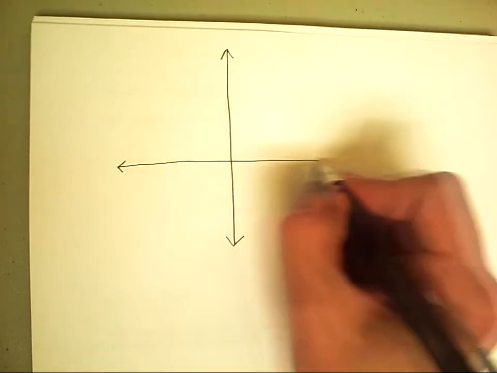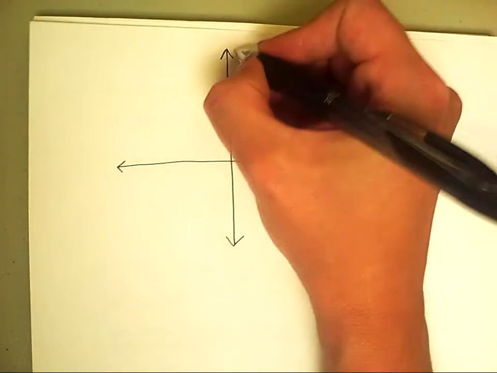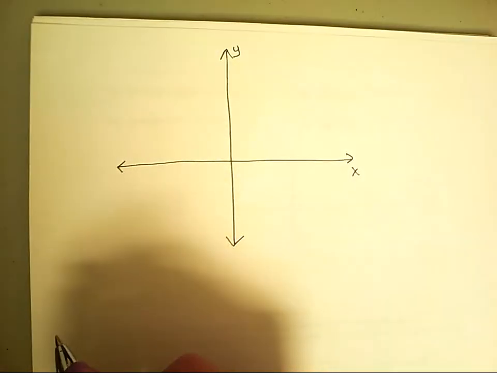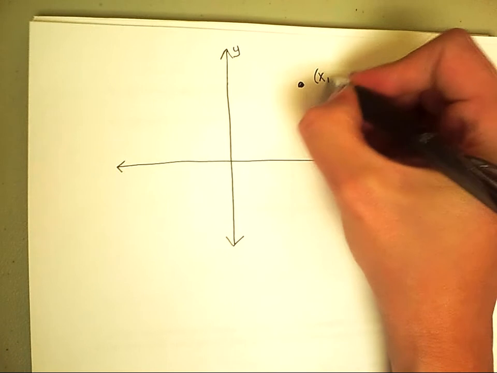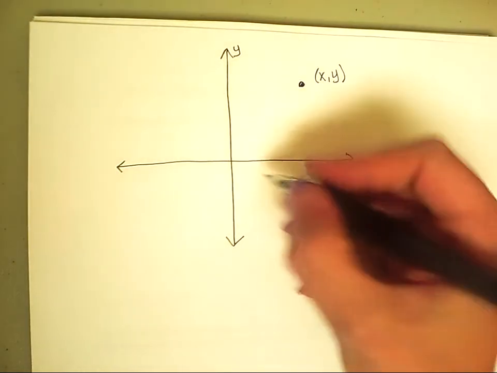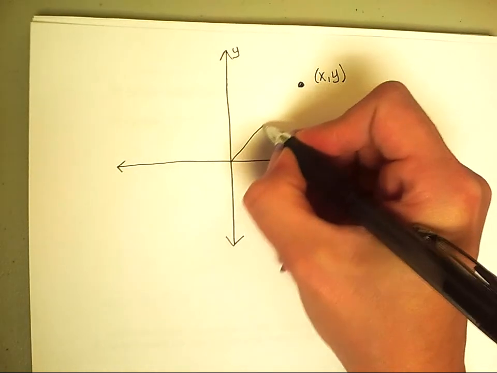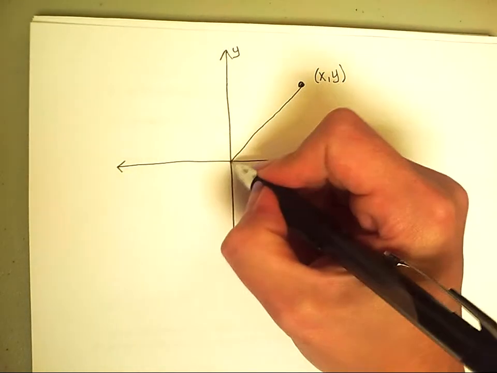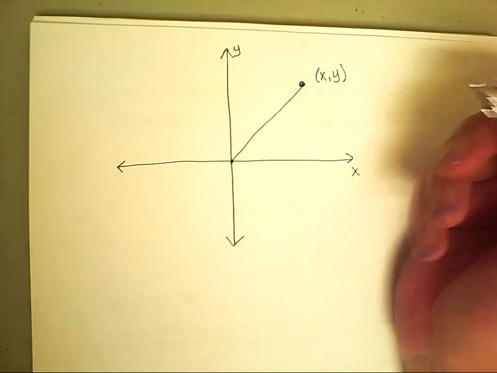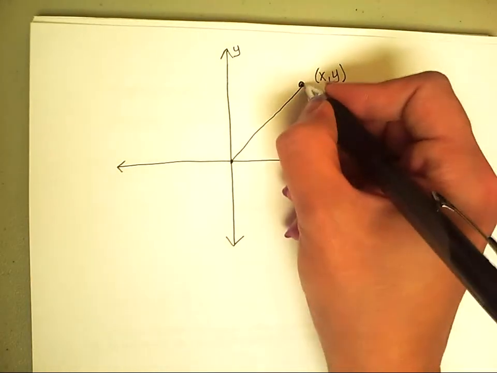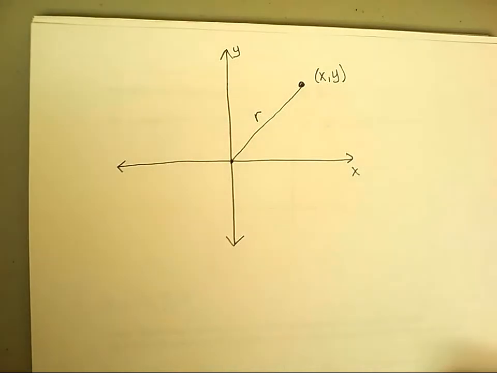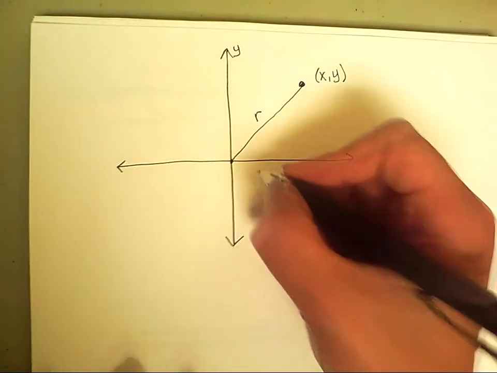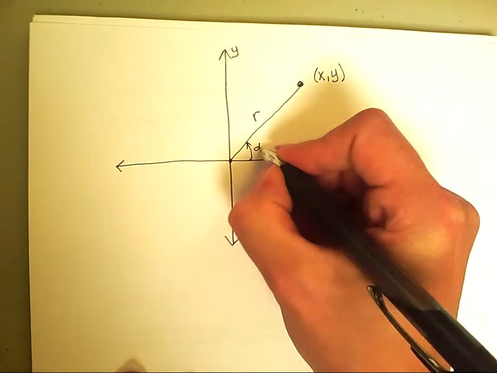Okay, so let's say here's my x and here's my y. I'm going to pick some point out here, (x, y). And I could draw a line from the origin to this point. If I wanted to use this length as a circle, I could swing it around, so we could call this the radius. We will have created some angle here, alpha.